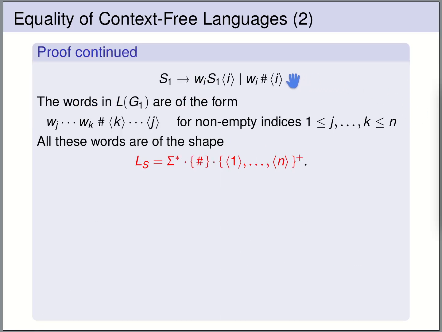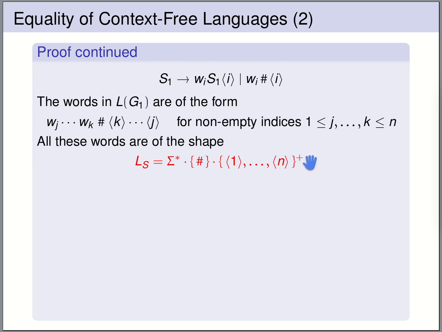This is our grammar G1, and all the words generated by this grammar are of this form. We have some word over sigma on the left of the hash, then we have a hash, and then we have indices in brackets, and these indices are numbers between 1 and n.